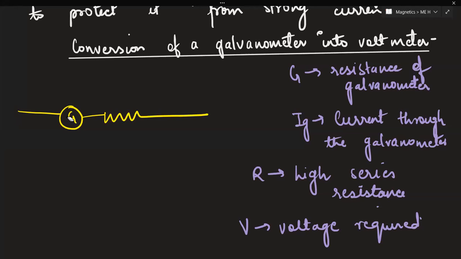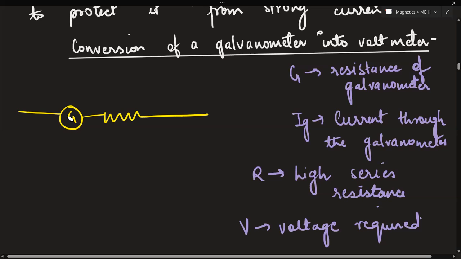But now this resistor has a high value of resistance. So resistance of galvanometer is still G. Let's say the resistance of this resistor is capital R. And again, current flowing through this is Ig.